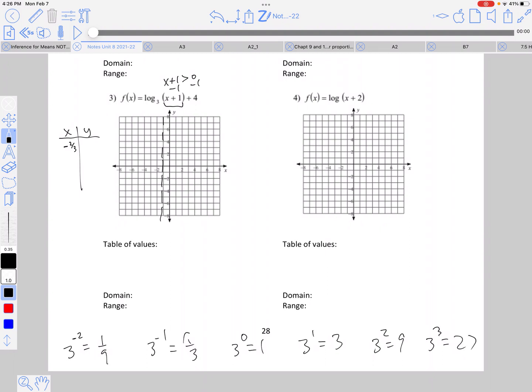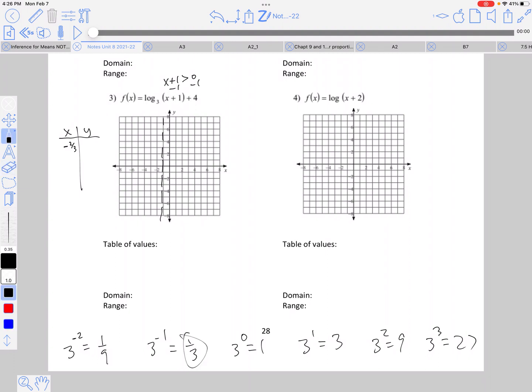If we could make this be 1/3, the output will be -1. So that's our goal: make it be 1/3.